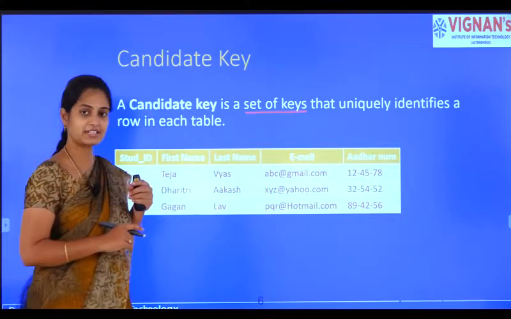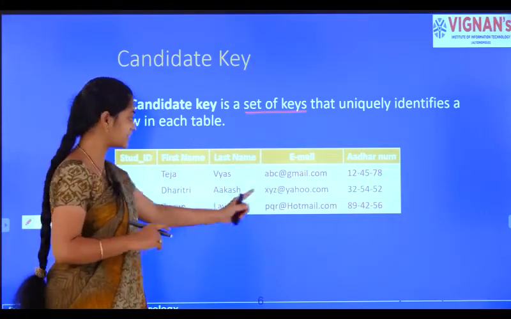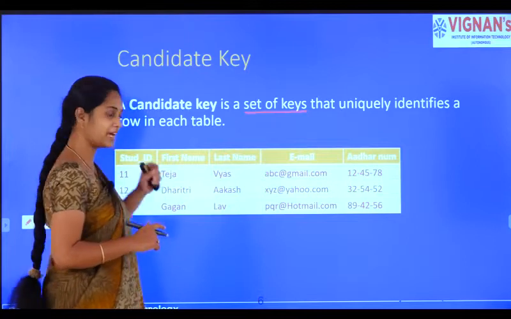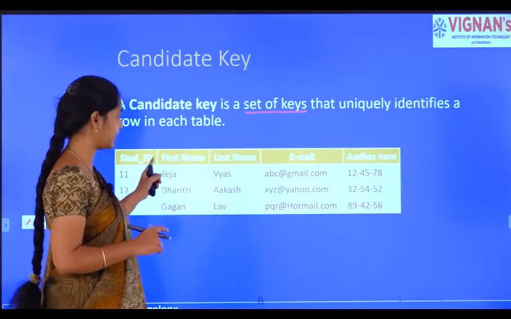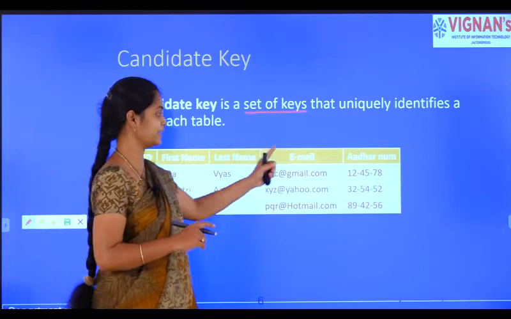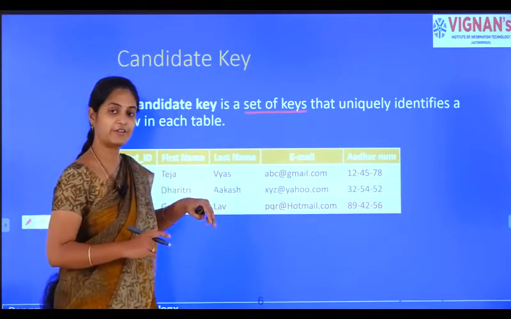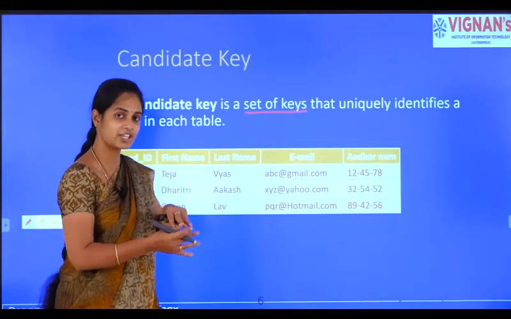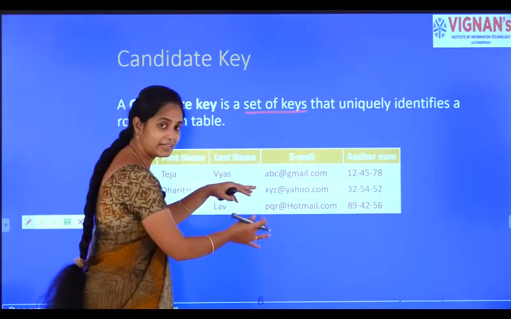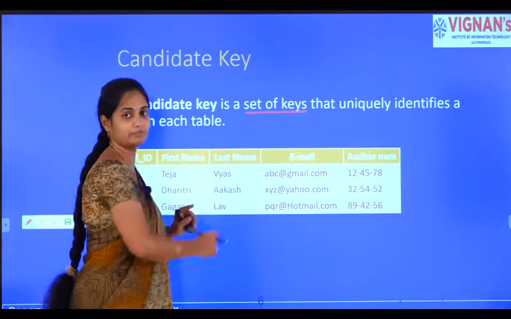If you consider this relation, how many attributes do we have here? We have student ID, first name, last name, email and Aadhaar number. You need to identify those keys in such a way that they will uniquely identify the entire tuple.